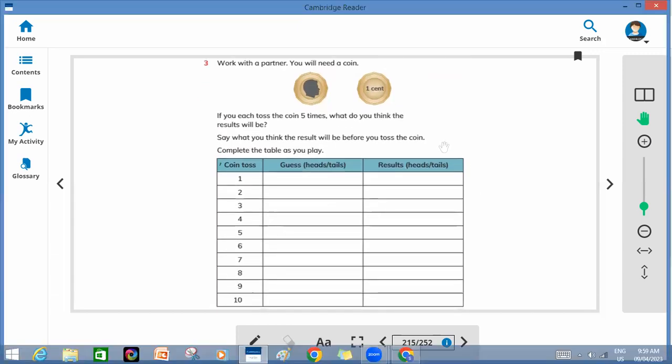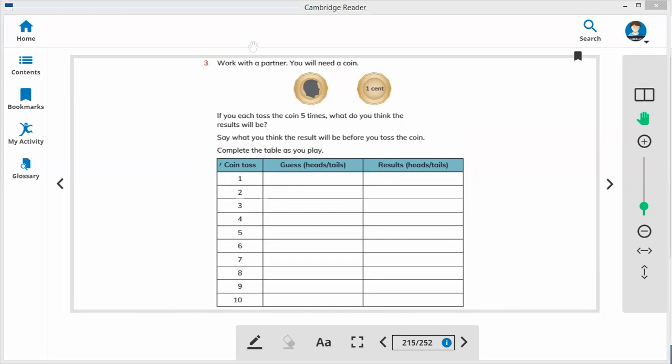Here is coin toss 1. Guess heads or tails. For this you need a coin to flip in the air, and before flipping you will say what is the possibility of it coming heads or tails.